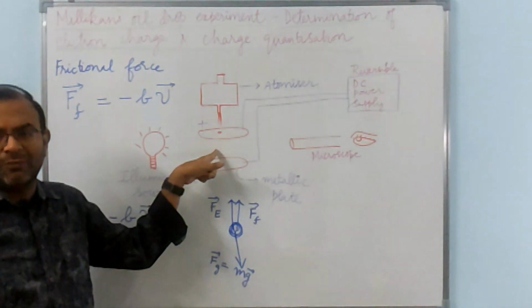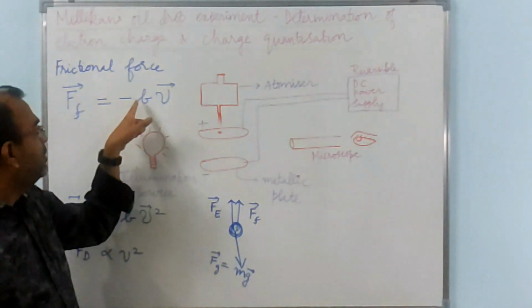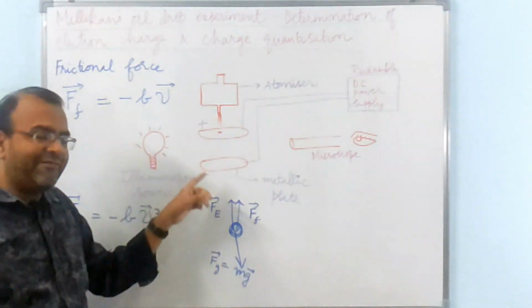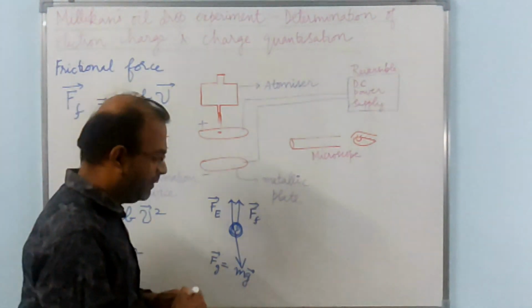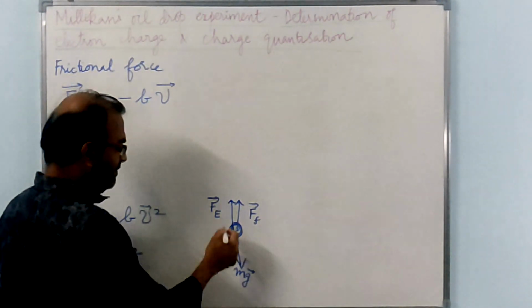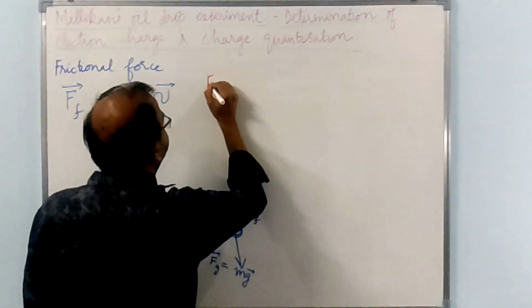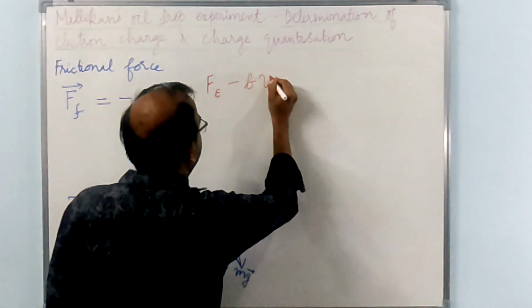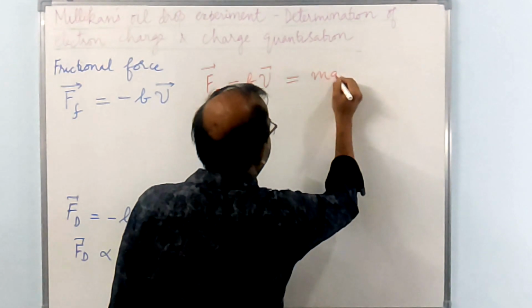Since the velocity of the oil drop is zero under this condition, the frictional force also becomes zero, and therefore the electric force is effectively equal to the gravitational force. So we can write the equation for that. Effectively, we have the electric force and the frictional force on one side, balanced by the gravitational force.